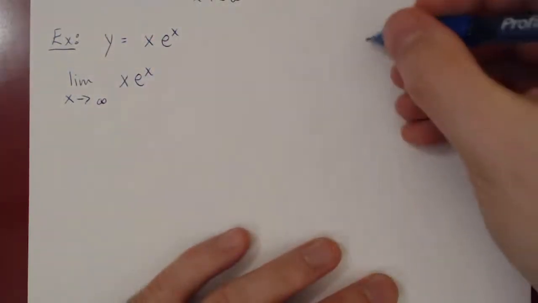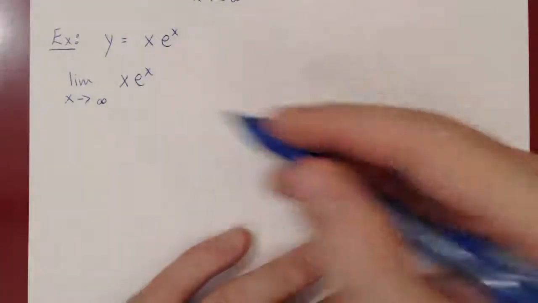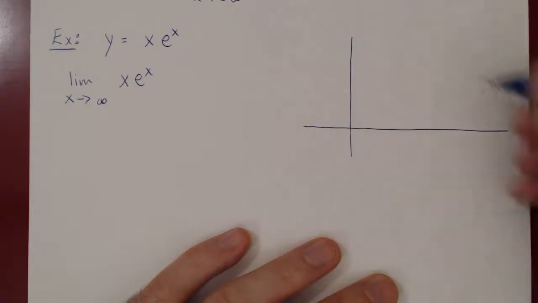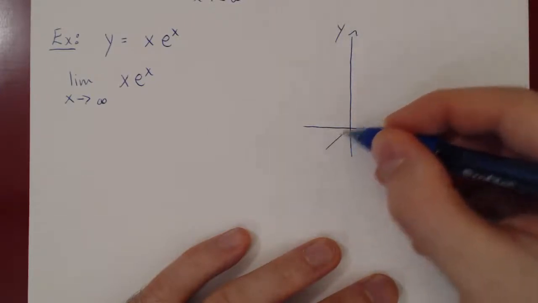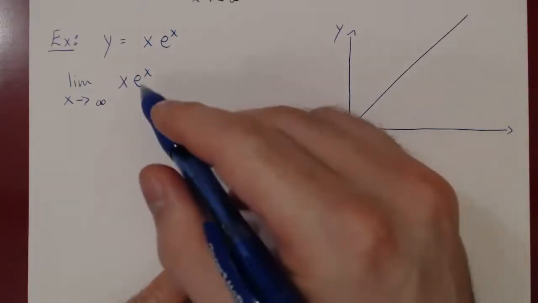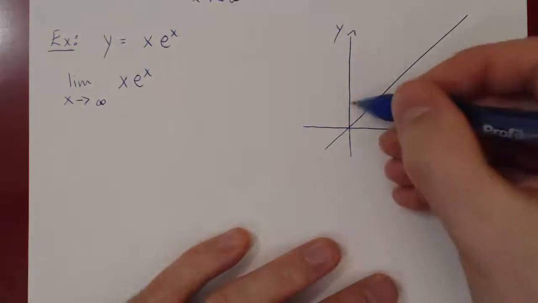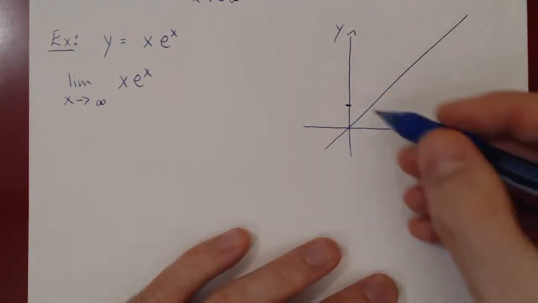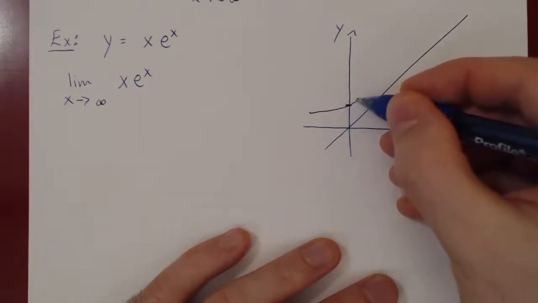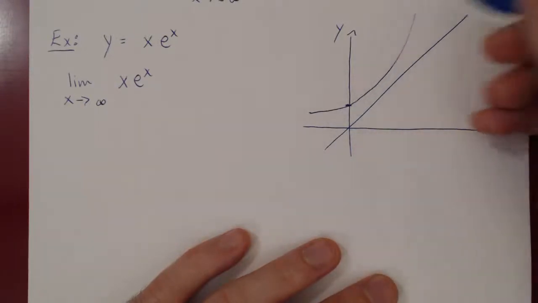Well, if you remember, we can graph x and e to the x. The graph of y equals x looks like this. The graph of e to the x, if you remember, is roughly 2.71828. So e to the 0 is 1. And as x becomes bigger, e to the x becomes bigger and bigger and bigger.